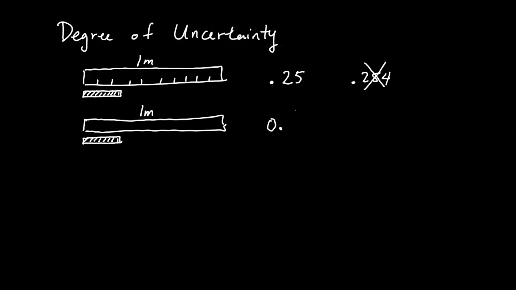So I might estimate it to maybe 0.3. If I were to say 0.34, this would be incorrect because once again you're indicating more certainty than you are able to with this measuring tool. So to what decimal place you estimate depends on the measuring tool that you are using.